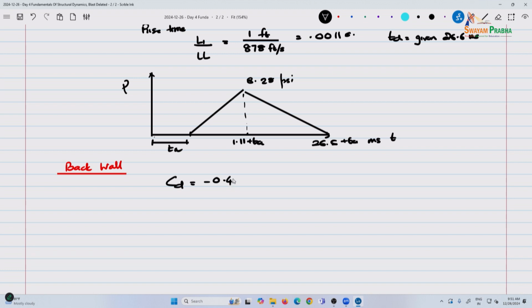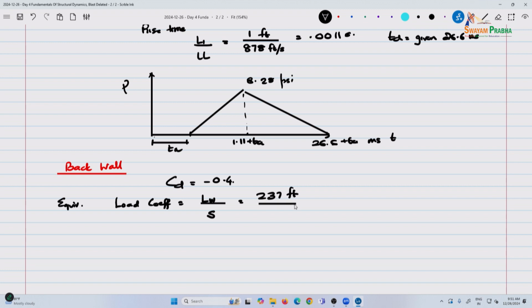The equivalent load coefficient, so the load coefficient, is given as LW divided by S. And LW is the wavelength, 237 feet.